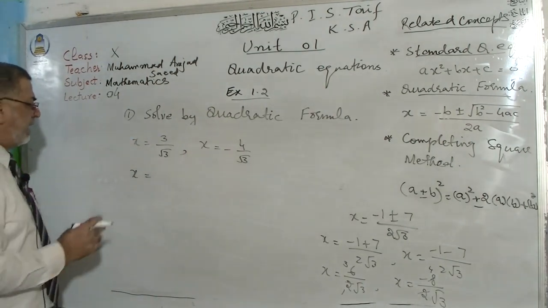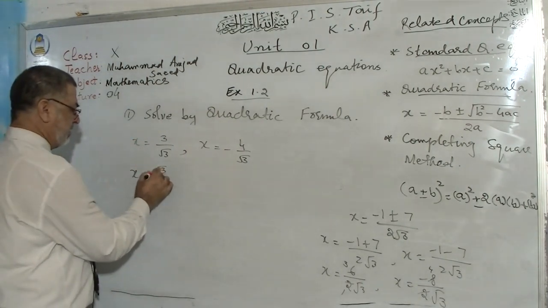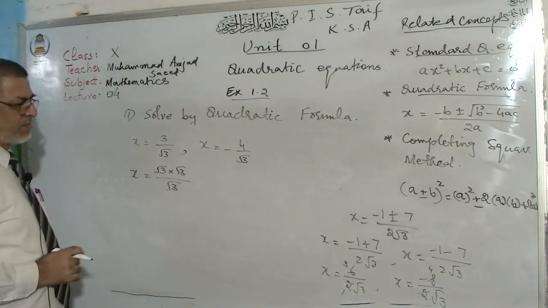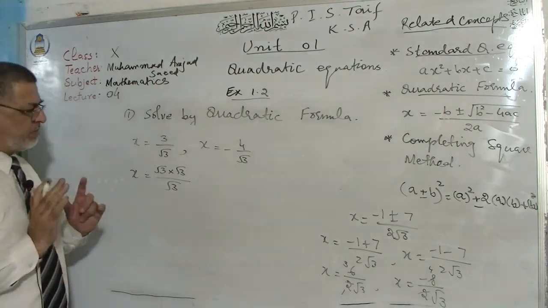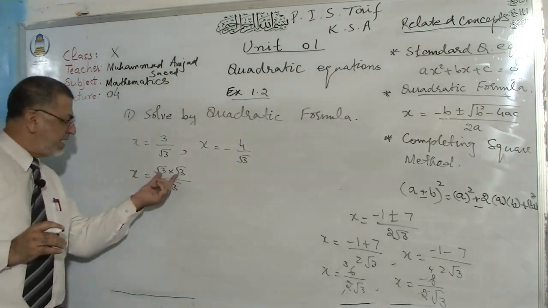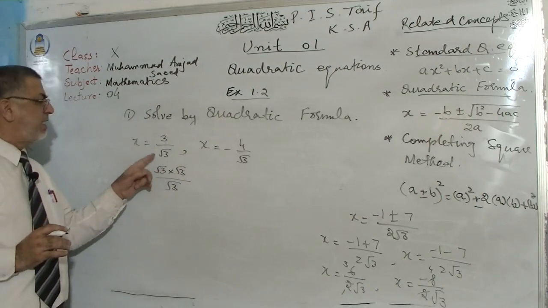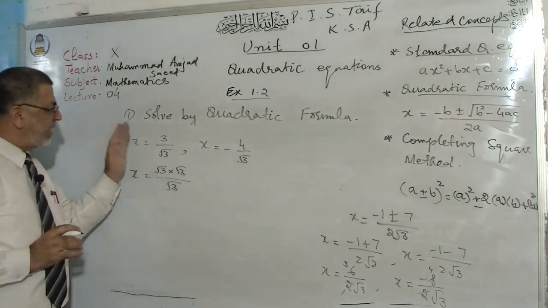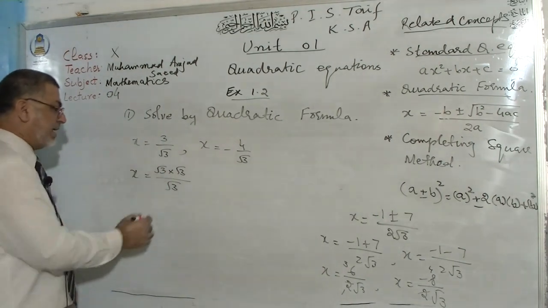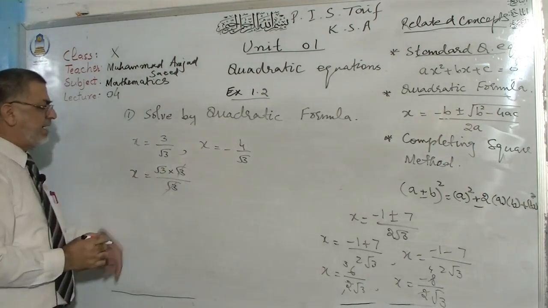Under the square root, it will be double inside. Again I am repeating, any number which is double inside, 3 times 3 is 9, and the square root of 9 is 3. So any number which is outside, actually it will be double inside the square root sign, so that we can cancel it.